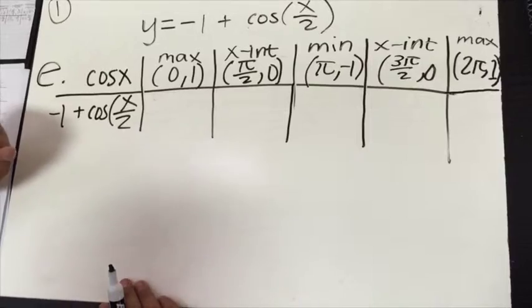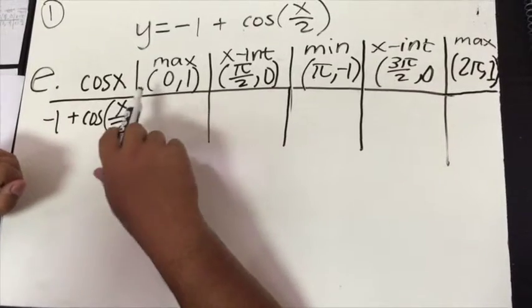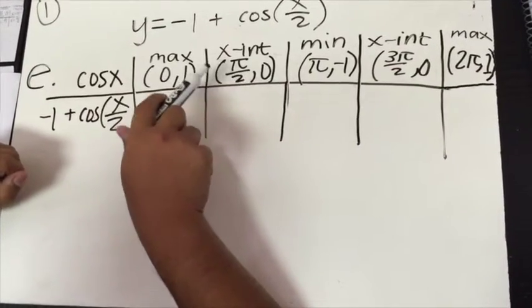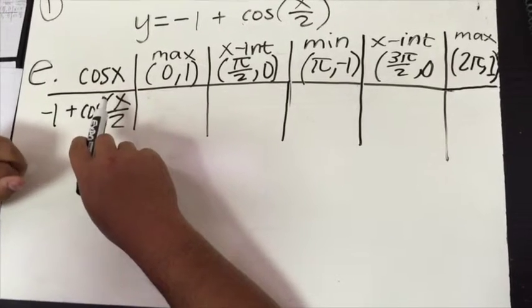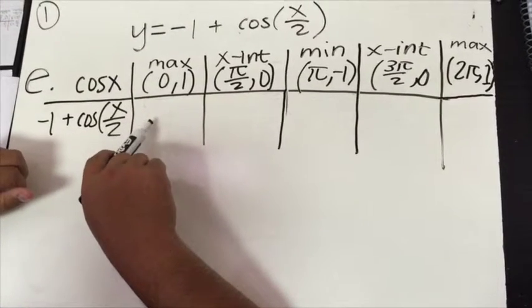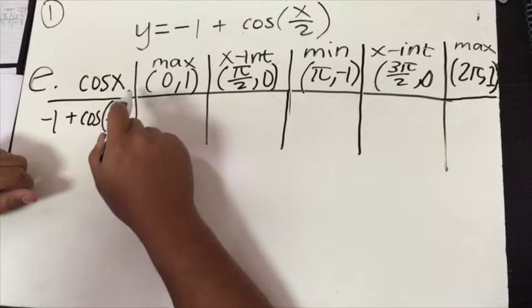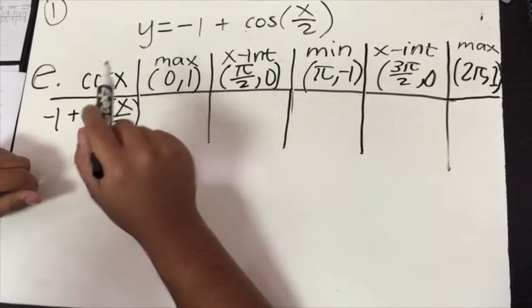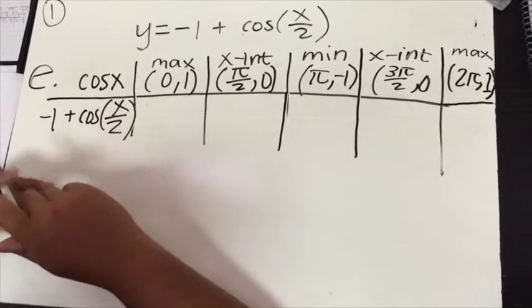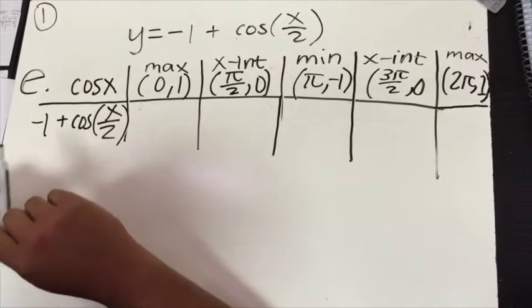Okay, so these points are from the unit circle, and that's just the cosine of x. So to find the points of the new function, we'll go back to A. We're describing the transformations of the function.